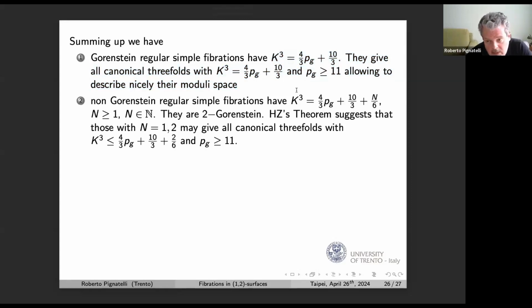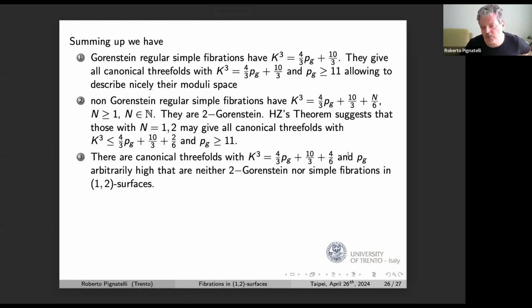The non-Gorenstein regular simple fibrations may do something similar for bigger volume, so for volume 4/3 PG plus 1/3 plus n/6 with n bigger than 1, we get the non-Gorenstein regular simple fibrations that are 2-Gorenstein, not Gorenstein. And we are working on understanding if we can extend these results, at least to the case n equal 1 to start with.